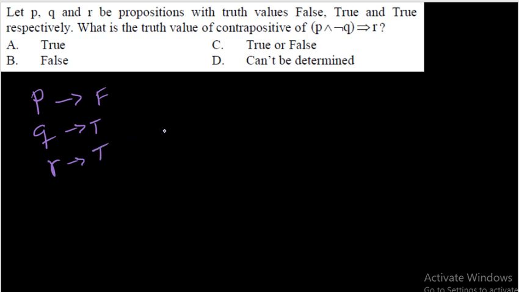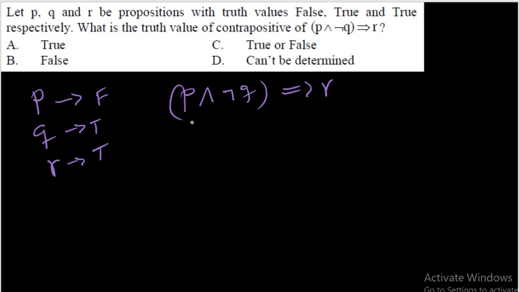So what is the truth value of the contrapositive of P and negation Q implies R? The good thing, this is a conditional statement, so the contrapositive and the original will have the same truth value. So I need to find only the truth value of this conditional statement, because we said before a given conditional statement and its contrapositive will have the same truth value.